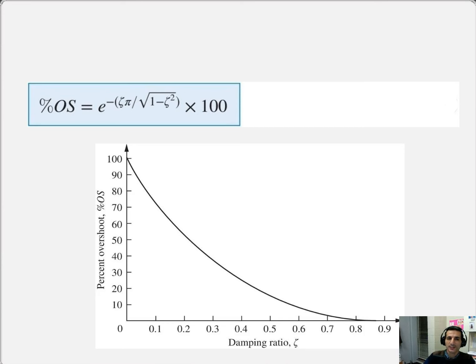So as you see, the percentage of overshoot is only a function of zeta, which is a damping ratio. So if you know the percentage of overshoot, you would know the value of zeta. And if you would know the value of damping ratio, then you would know how much the percentage of overshoot would be. In fact, if you know the value of zeta from this equation, you can just plug in the value of zeta and get the percentage of overshoot.